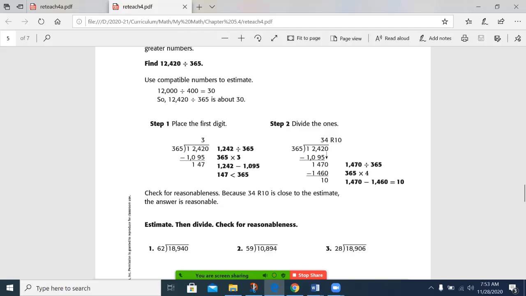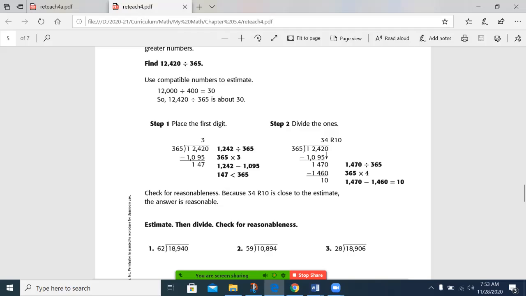So now notice they put the 0 right next to what we had just subtracted. It's not underneath it, it's right next to it. And we have 1,470. Well, we remember that 3 times 365 was 1,095. So we wanted to go a little bit bigger because we can pretty much tell it's not going to quite work out.